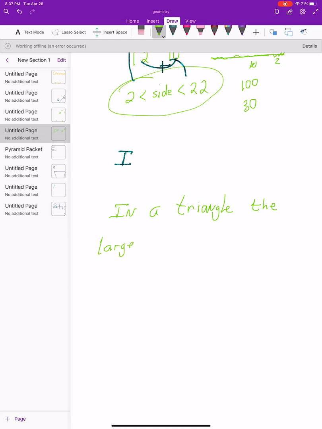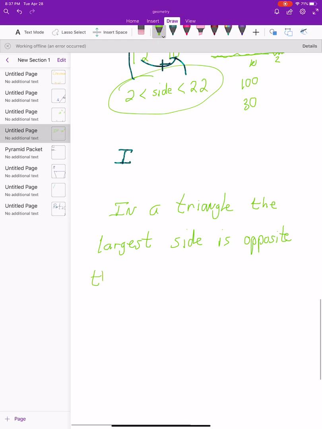So the largest side is opposite the largest angle. There we go. And the smallest side is opposite the smallest angle. Okay?